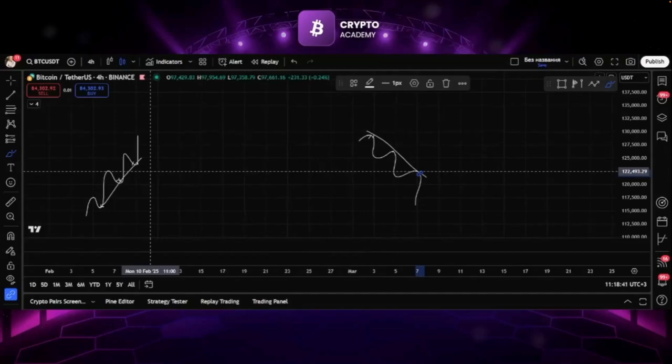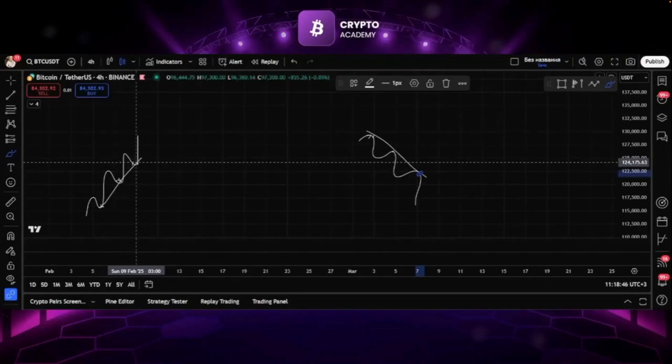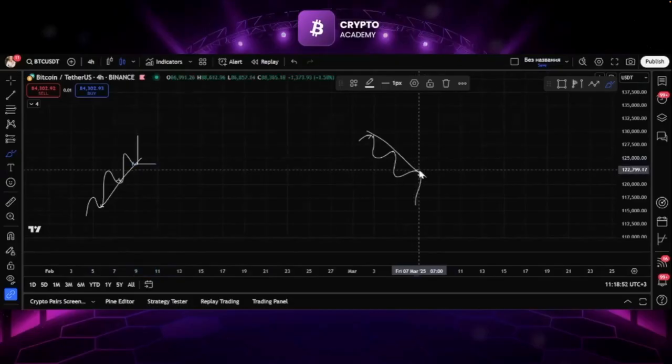There is also such concept as level of trend change. For short positions, this is the last movement up. For long positions, this is the last movement down.